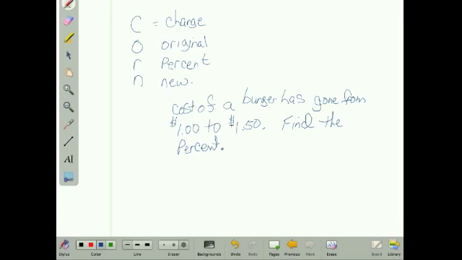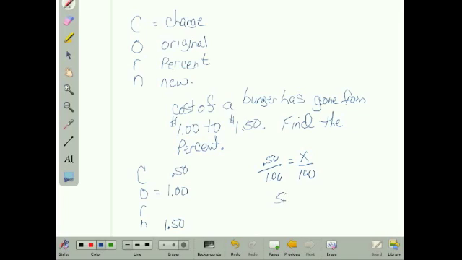So I know that my original is $1. My new is $1.50. My change, when I subtract these, is going to be 50 cents. What I don't know is my R, so I need to use my change over my original and find my percent.